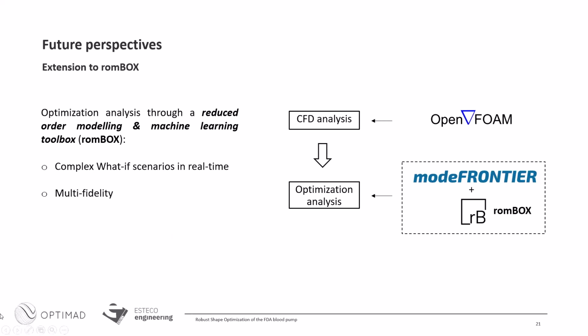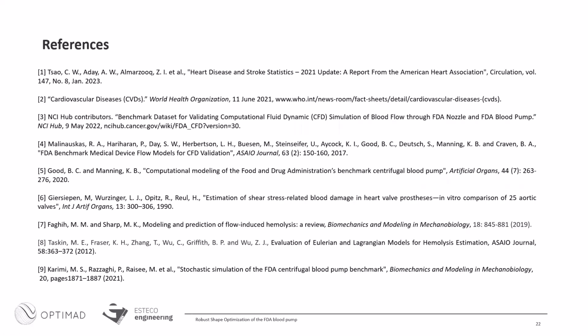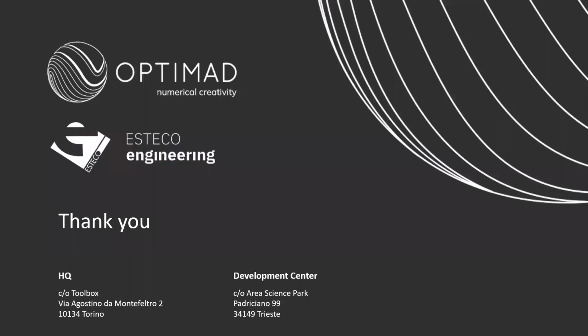And there is also the possibility for a multi-fidelity approach, so you can choose the degree of fidelity depending on what you want. So these are some references, and that's it. Thank you.